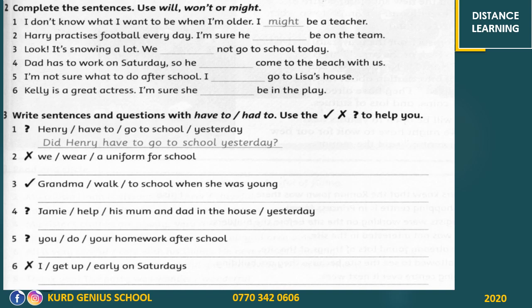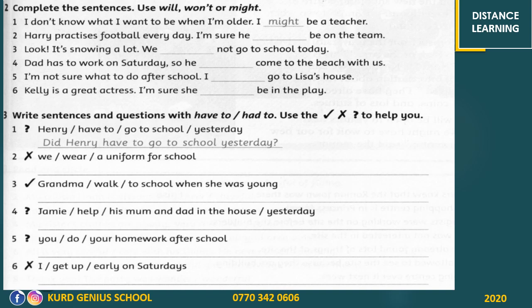Number 2. Harry practices football every day. I'm sure he will be on the team. So if you're sure about something, then you use will or won't. So the common sense, the logic is, if you study very, very much for an exam, you will get a high mark, right?